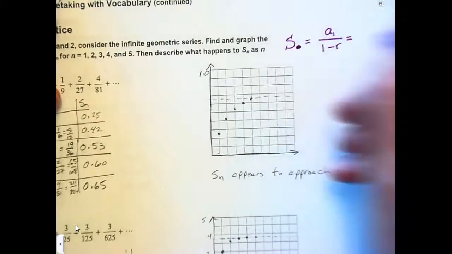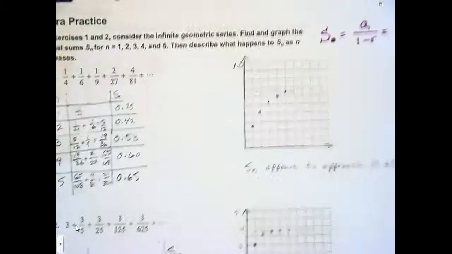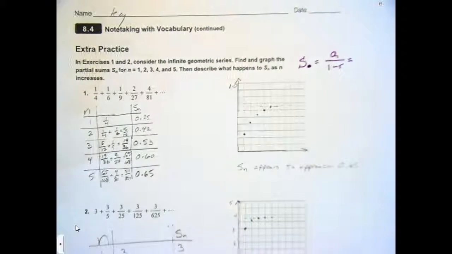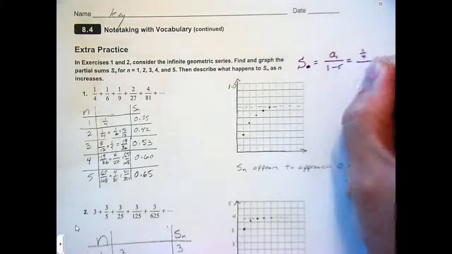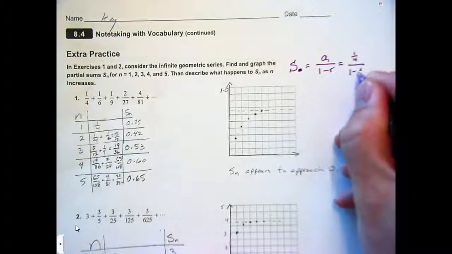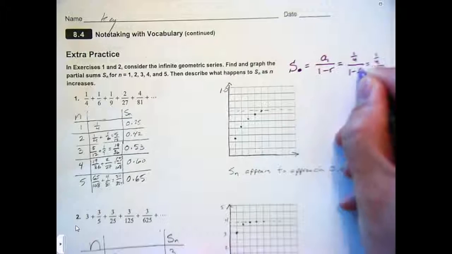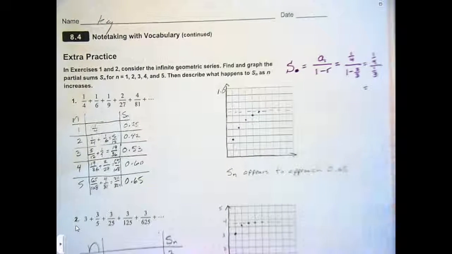What do we end up with? A sub 1 is 1/4. We're dividing it by 1 minus r, where r was 2/3. So we're taking 1/4 and dividing it by 1/3, which is 0.75.